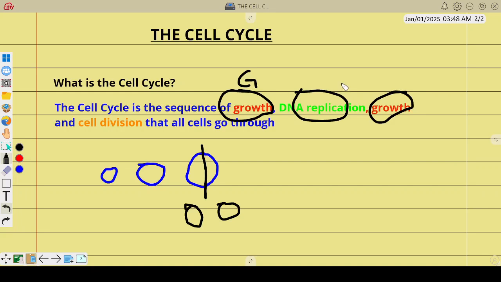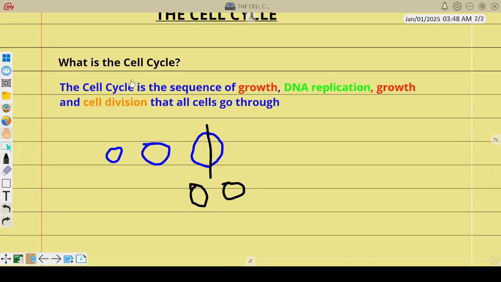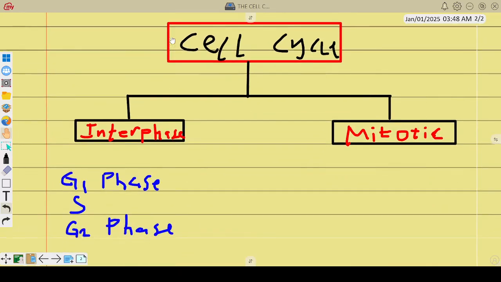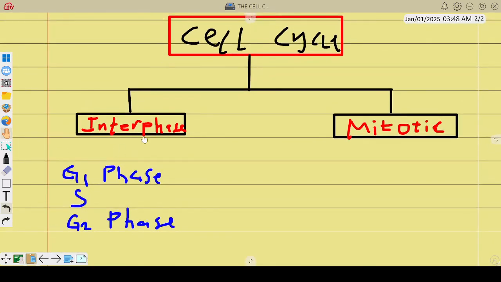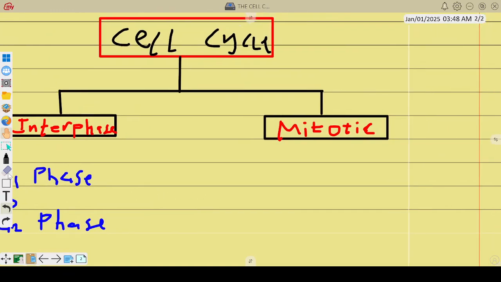So this is G, replication, simply DNA synthesis, that is the S, and we have another growth. You can think of it in that sense as well, if it would help in remembering. So these are the three phases under interphase: G1 phase, DNA replication phase, G2 phase. Yeah, that's all. And now moving on to the mitotic phase.